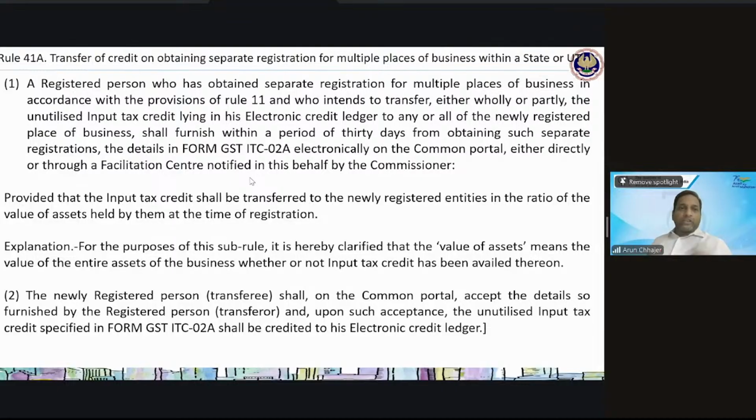So I have two locations within Delhi. I can take one registration by declaring one location as a principal place and the other location as an additional place. Alternatively, if I want, I can take two separate registrations for each place of business.